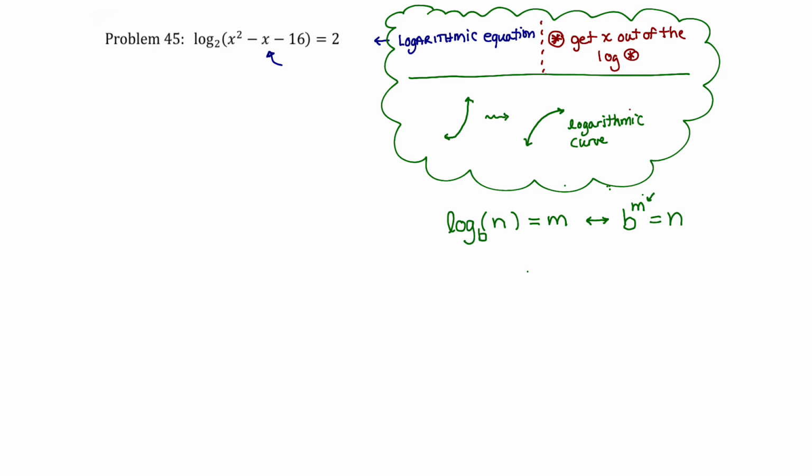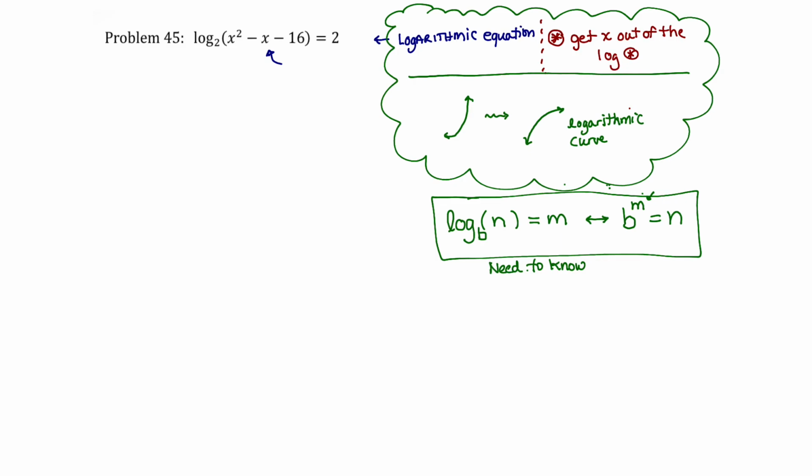Log base b of n equals m is equivalent to the statement that b raised to the mth power is n. And this is a crucial need-to-know fact. This is one thing you need to know as you move forward in your engineering, STEM, or calculus courses.